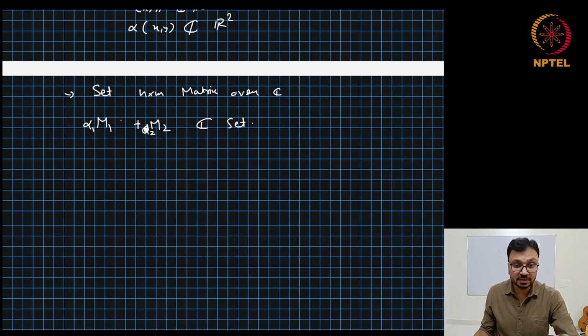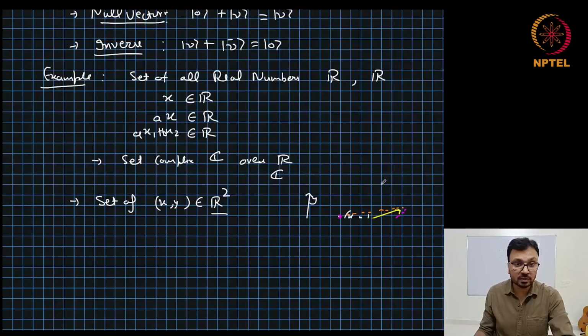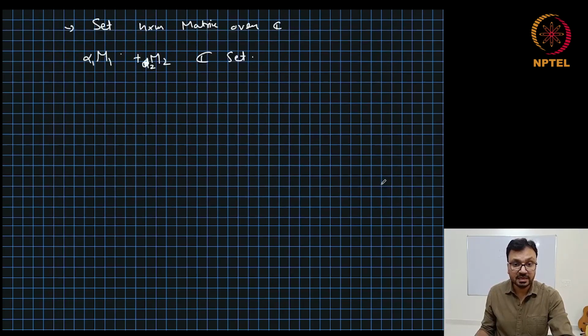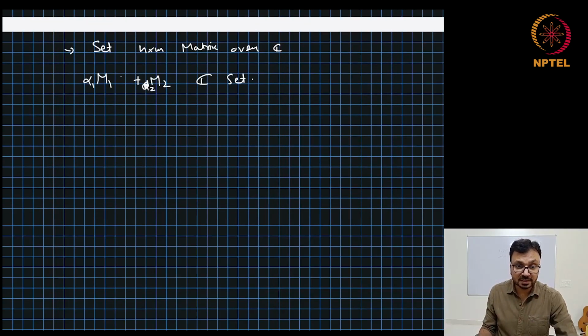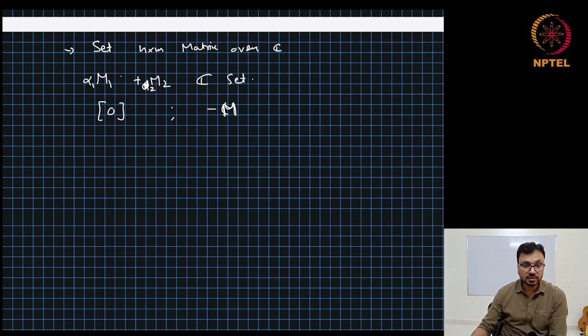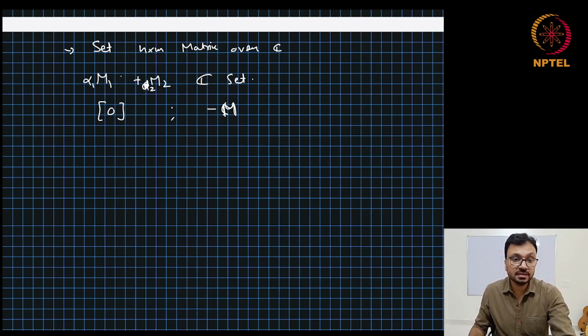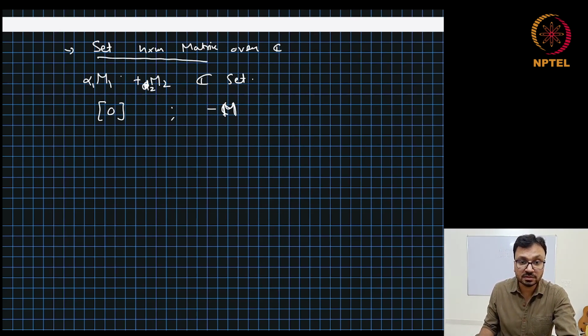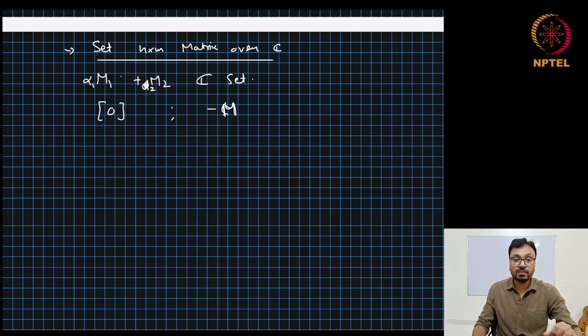If we check the conditions one by one, we will see that the null matrix is the matrix of zeros, and minus M will be the inverse matrix or inverse vector. So this set of n by m complex matrices also forms a linear vector space.